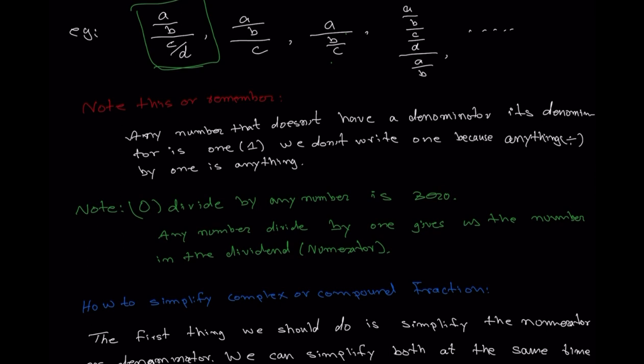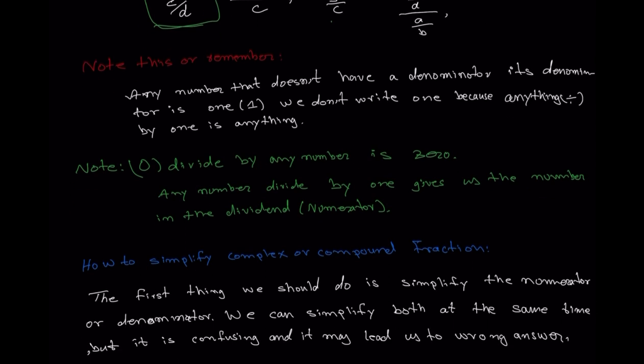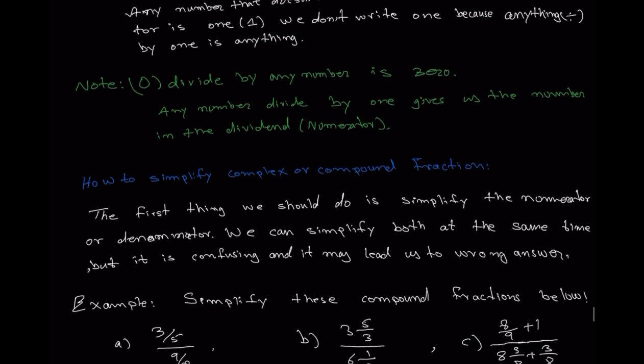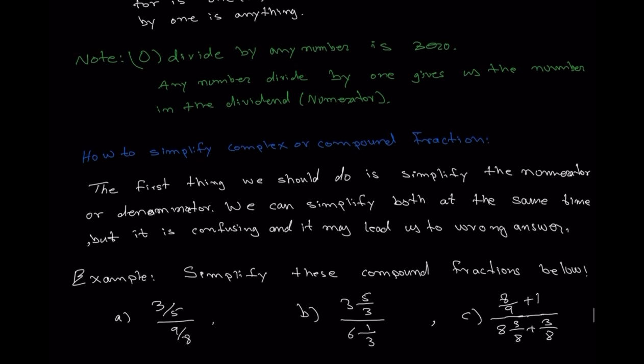So any number that doesn't have a denominator, its denominator is 1. Well, we don't write 1 because anything divided by 1 is the same number. The other note is we cannot divide by 0, as we said, it will be undefined. How to simplify complex or compound fractions?